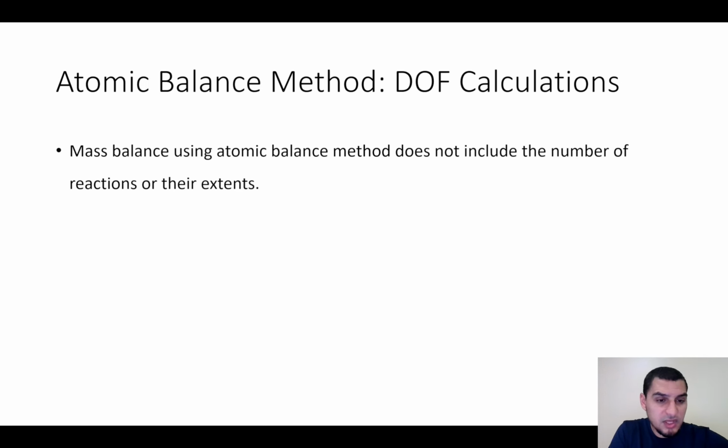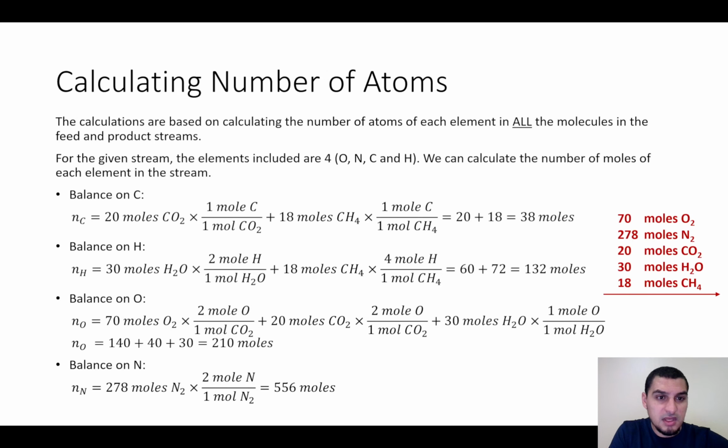For example, if we have this same stream as a feed to a unit, and we have only these 5 compounds in a non-reactive system, of course, then we will say that we have 5 equations. I will have 1 equation for oxygen, 1 for nitrogen, 1 for carbon dioxide, 1 for water, and 1 for methane. This is how we set the number of equations.